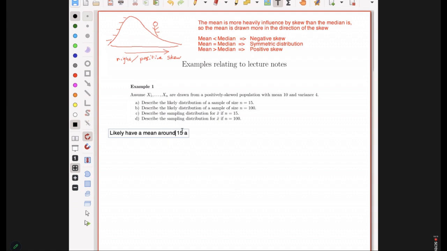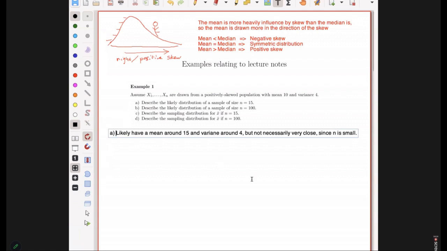I'll just say around 15, and variance around 4, but not necessarily very close, since n is small.